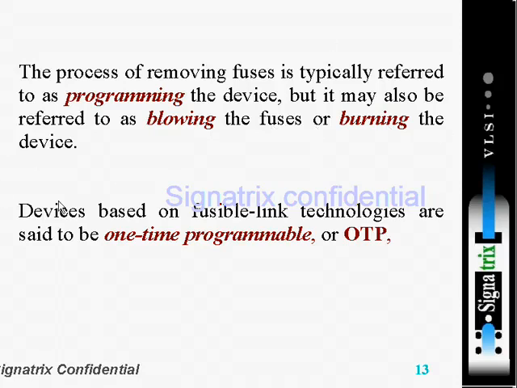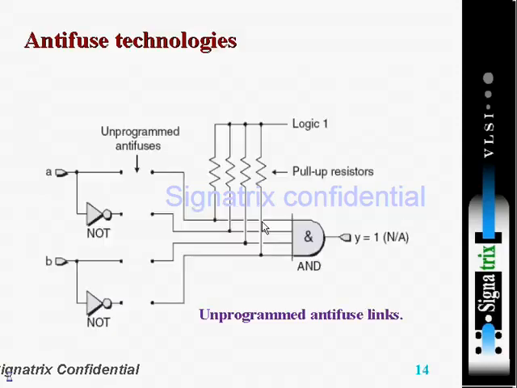As I explained before, devices based on fusible link technologies are said to be one-time programmable. So the only disadvantage of these FPGAs is that they are one-time programmable. Once you program these FPGAs, you can't program them further. After that, it is simply a waste for you.